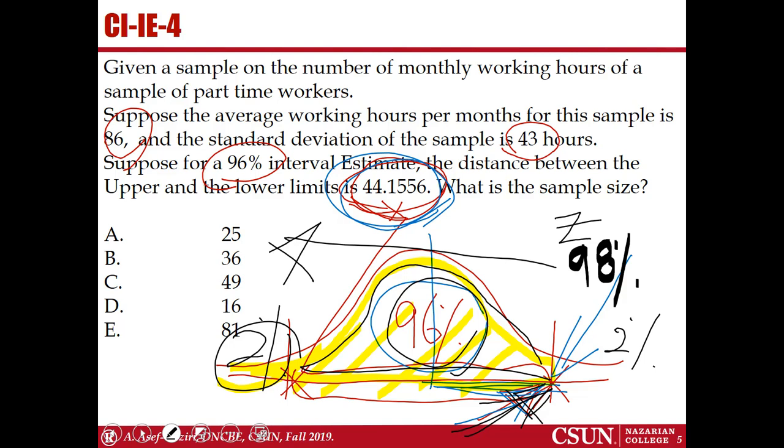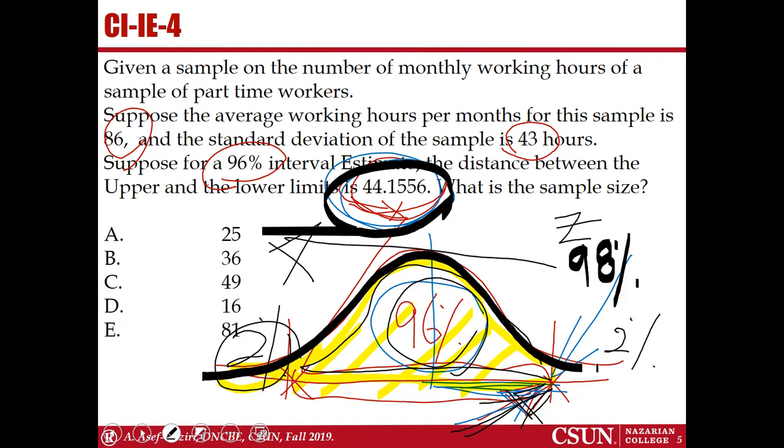As soon as I find it, that tells me you should have gone this many standard deviations to the right, and that many standard deviations to the right is half of this number. So if I find z of 98%, and divide this 44 by 2 and set them equal to each other, I will be able to find the standard deviation of the average, because this distribution is the distribution of the average.